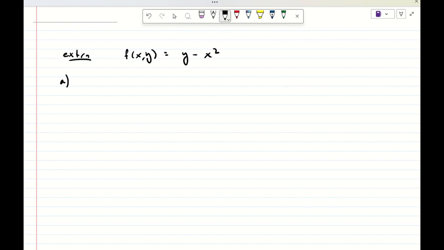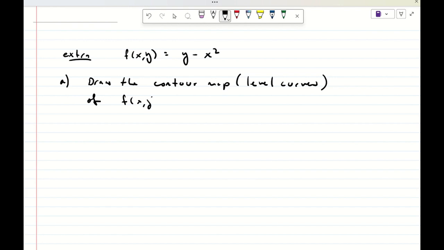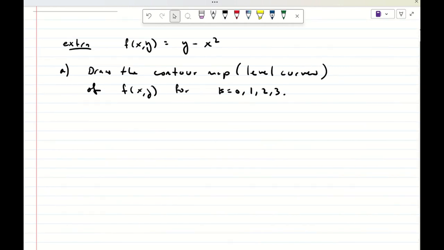For part A of this extra problem, let's draw the contour map or level curves of f of x, y for values of k equal to 0, 1, 2, and 3. So we were looking at the curves when the function f of x, y was equal to k.